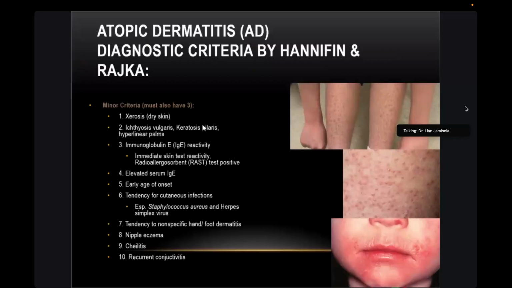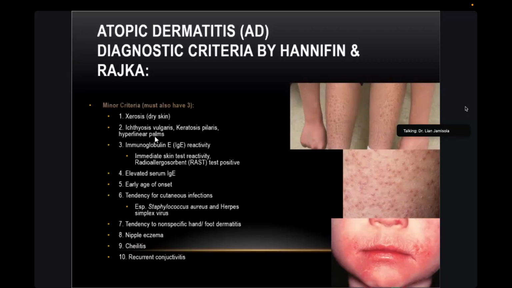And we have several minor criteria. These are actually 22 minor criteria and you just need to have at least 3. So, pwedeng xerosis of the skin, that's common. Ichthyosis vulgaris, ito yung parang may fish scale sa legs. You might have seen that already. Keratosis pilaris, yung what they call chicken skin sa arms usually.